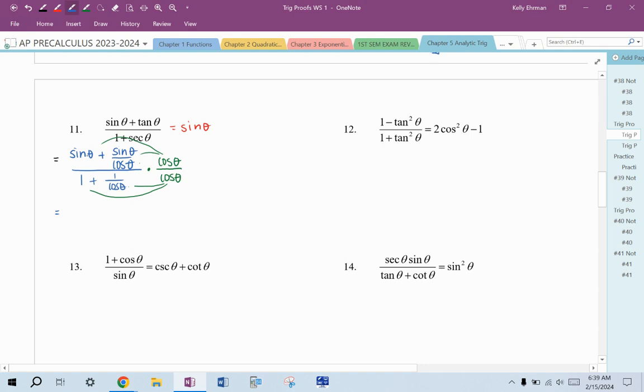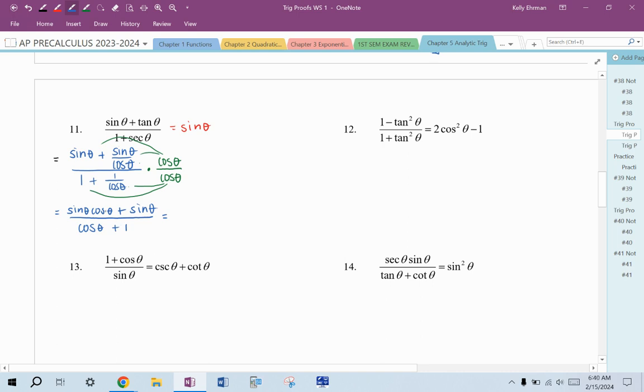All right, so the first thing would become sine theta times cosine theta. The second term, the cosines would cancel, so you would just get plus sine theta. In the denominator, 1 times cosine is cosine. 1 over cosine times cosine is 1. And then I'm kind of out of room, so I'm going to go sideways here. Then take a look at what you have in the top.